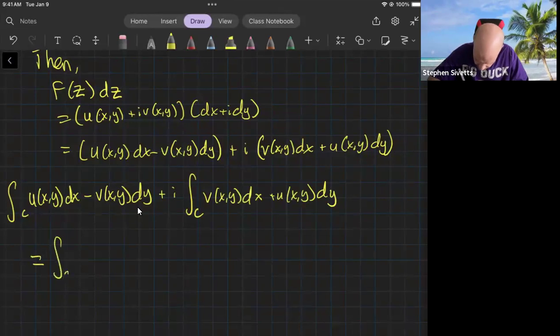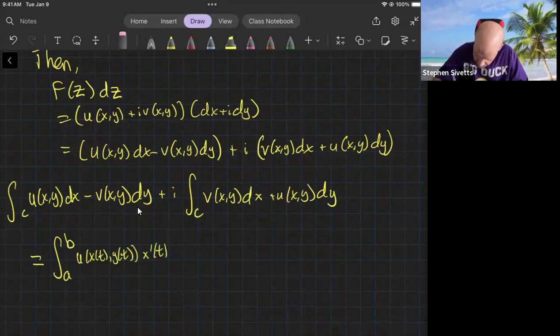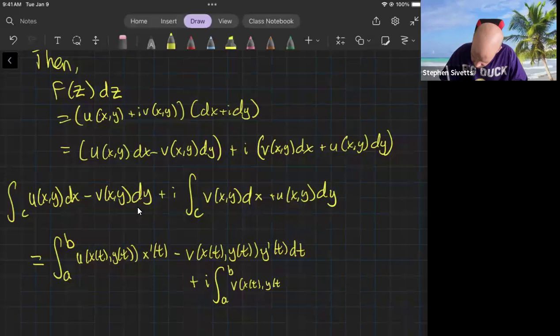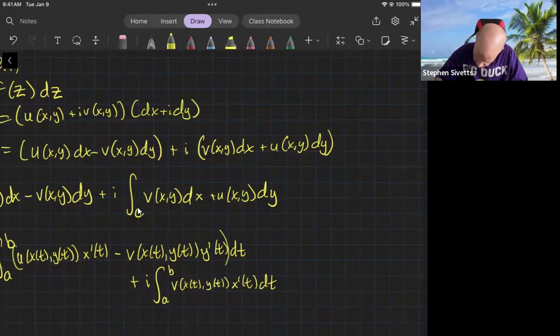Well, this equals, in terms of t, the integral from a to b of u of x of t, y of t times x prime of t dt, minus v of x of t, y of t times y prime of t dt, plus i times the integral from a to b of v of x of t, y of t times x prime of t dt, plus u of x of t, y of t times y prime of t dt.